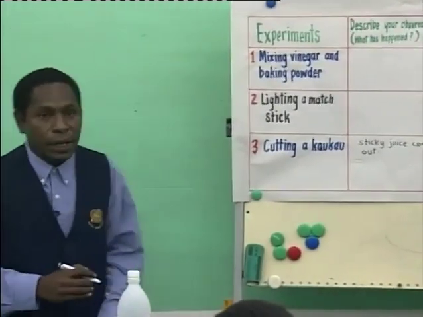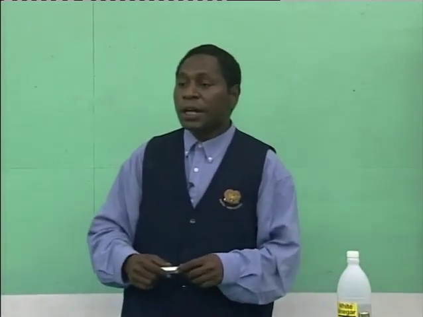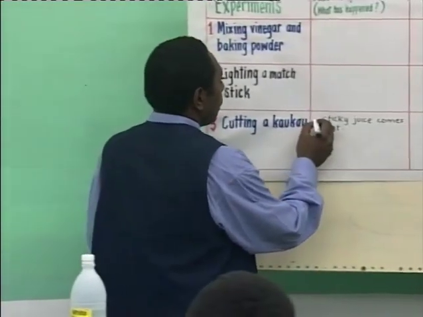Sticky juice comes out. What happens to the meat or the flesh of the cow rather? Shannon, after 5 minutes. It will look white. The white part of the cow will still look white after 5 minutes, right? Cooper, it will change color. Very good.